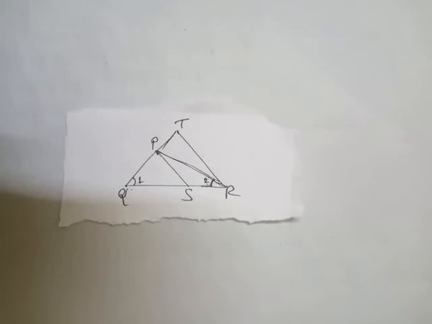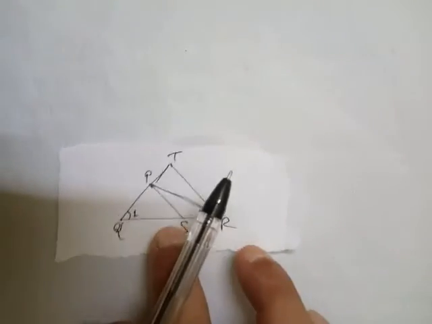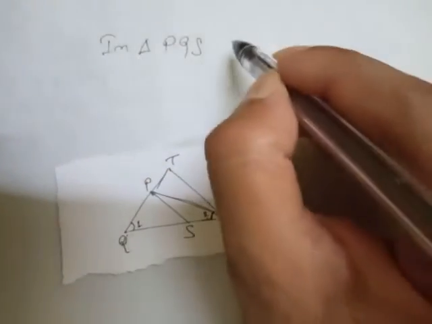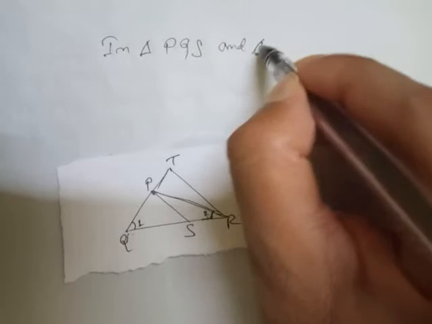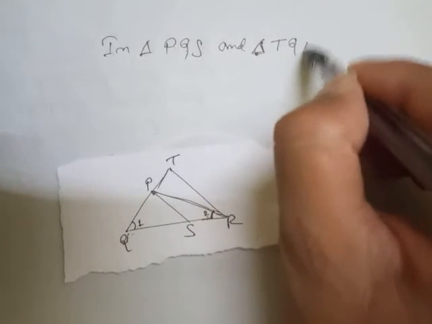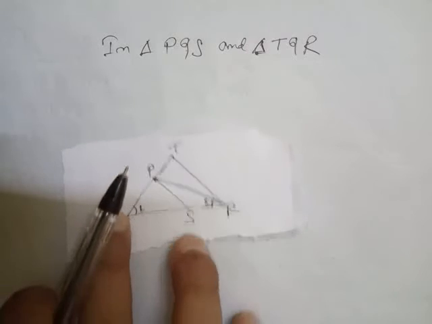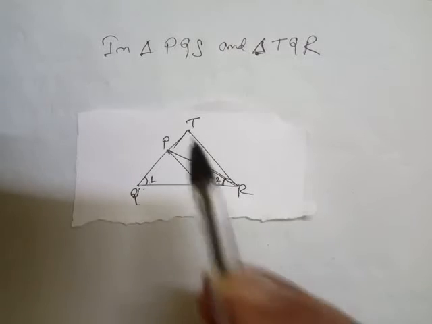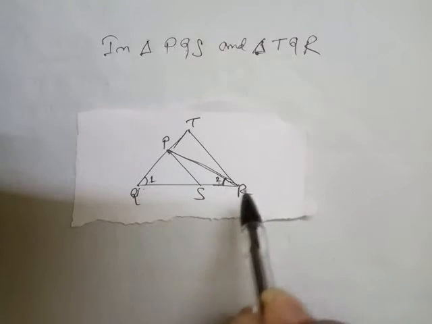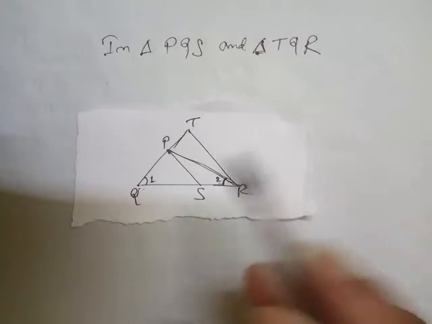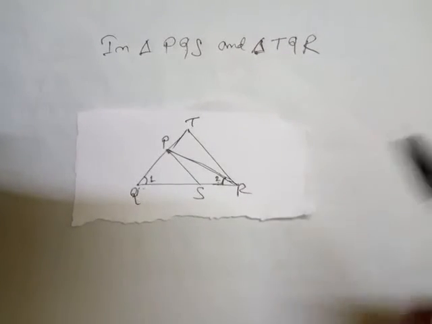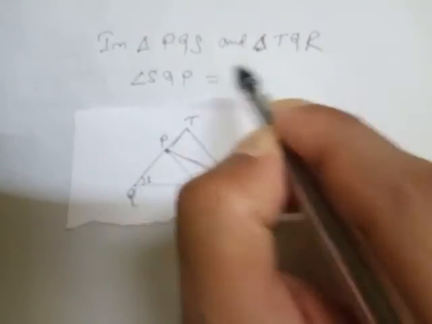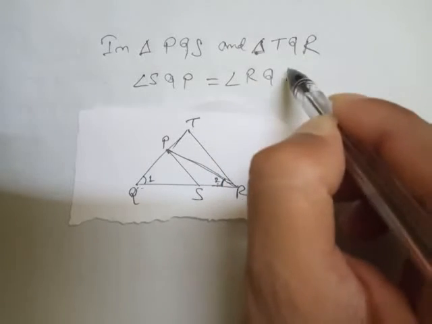So in triangle PQS and triangle TQR, first of all, angle SQP and angle RQT are both common at angle Q, so I will write angle SQP equals angle RQT.